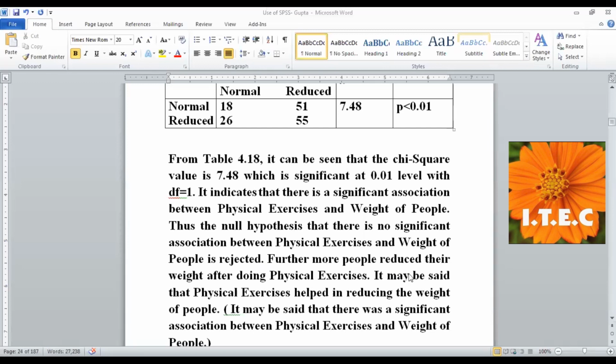So therefore, you may write this as your finding, that there was a significant association, or you can write that physical exercises help in reducing the weight of the people. So any conclusion, any finding you want, you can write.